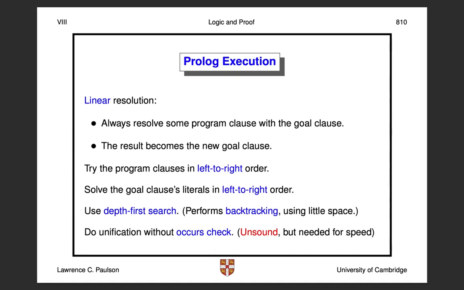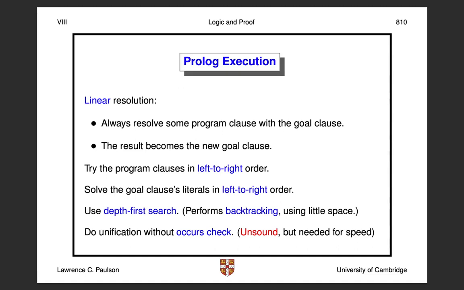You have effectively no choice whatever, because at every point in execution, there is one single program clause you are looking at, and you are trying to resolve that particular program clause with your goal clause.